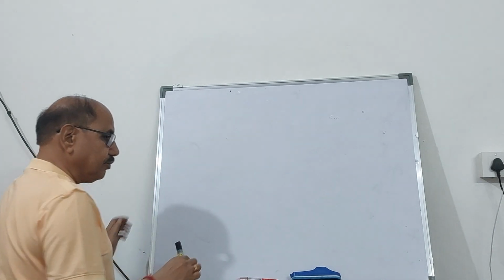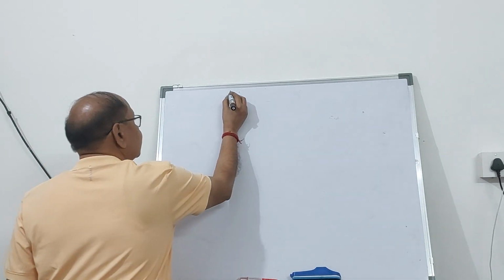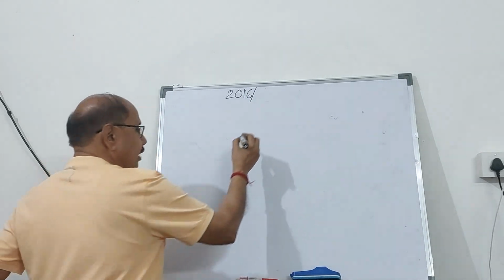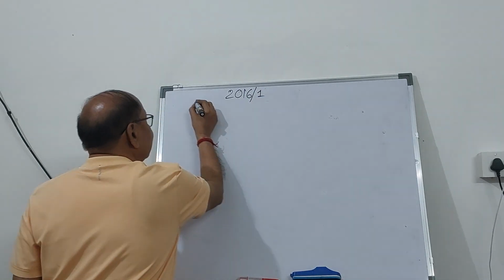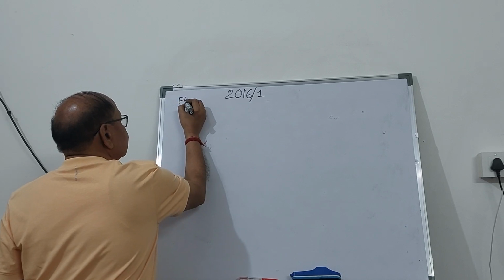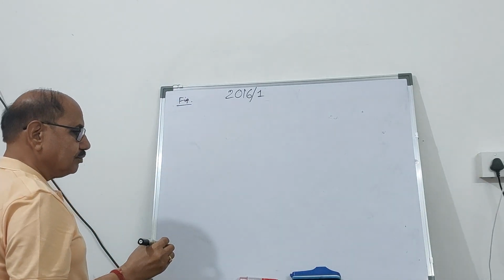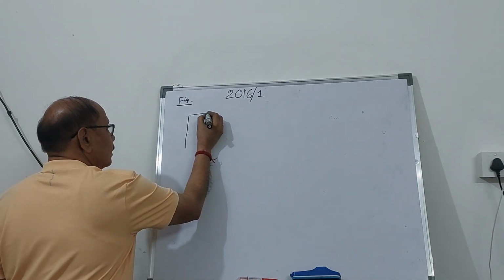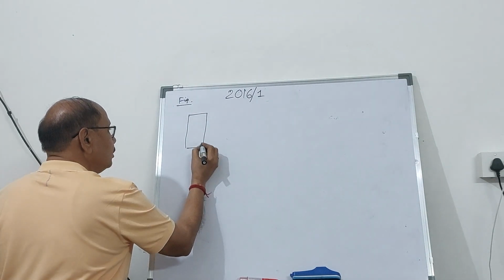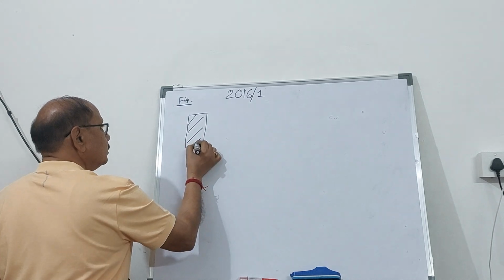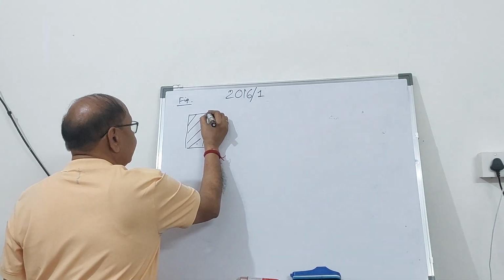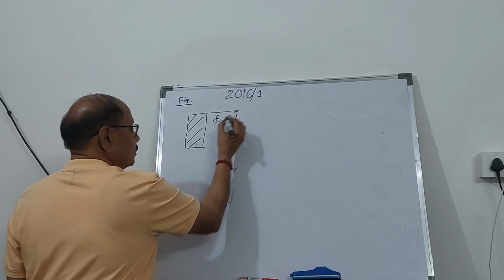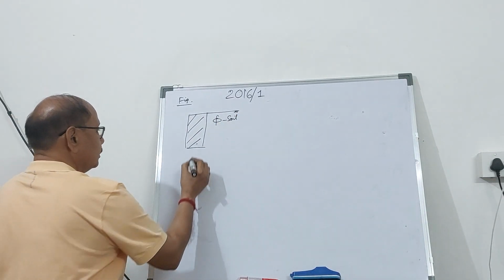Now the next problem we will take is of 2016, set 1. They have given you the figure. The figure looks like this. The figure is self-explanatory. There is the retaining wall. And this side is the backfill, which is phi soil.